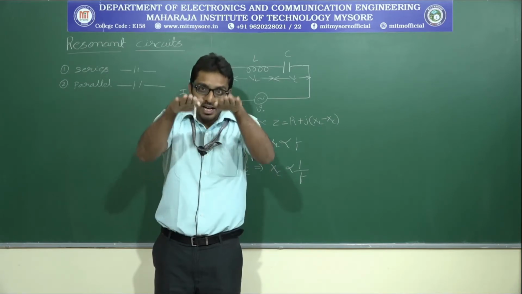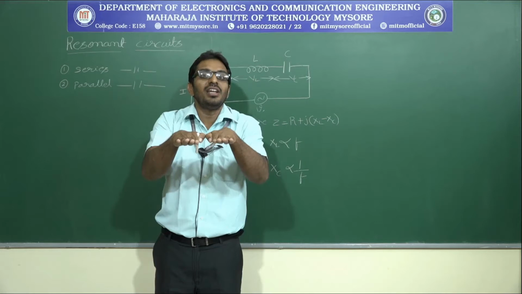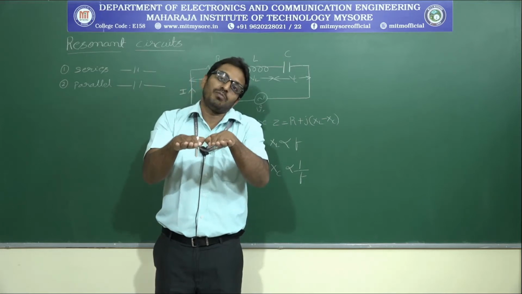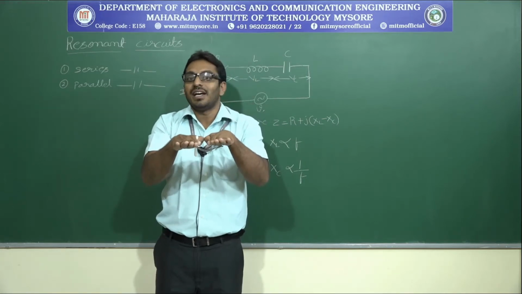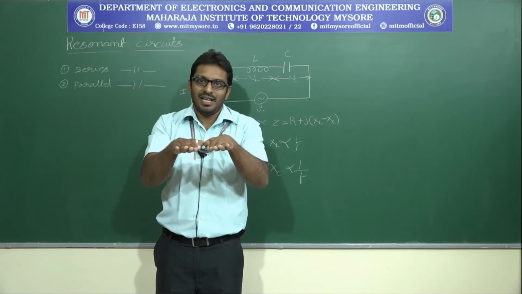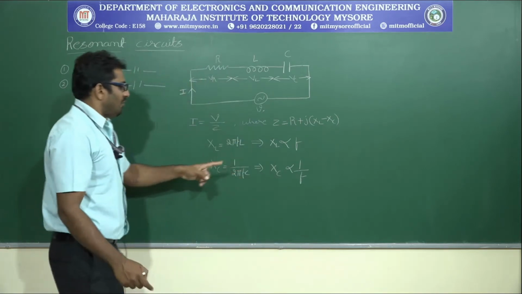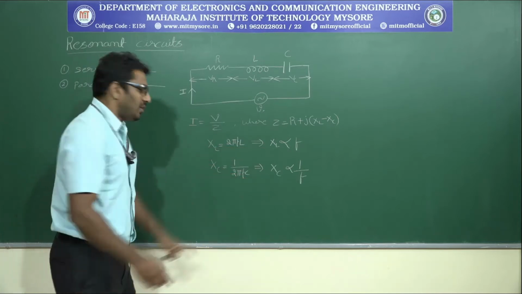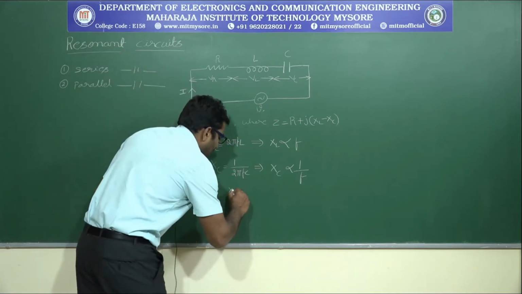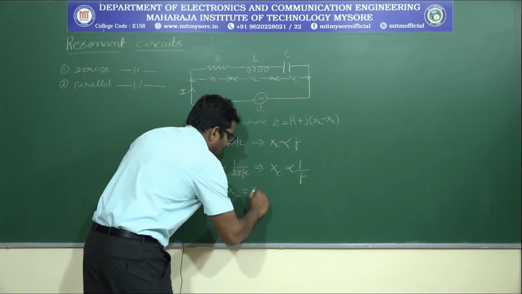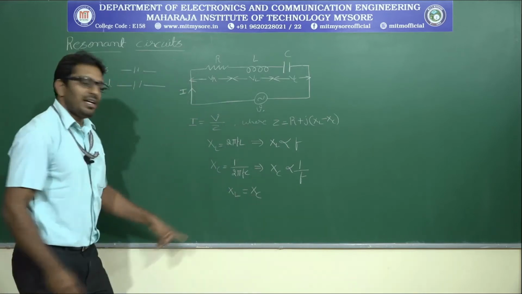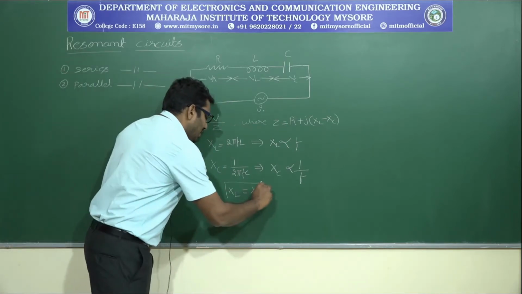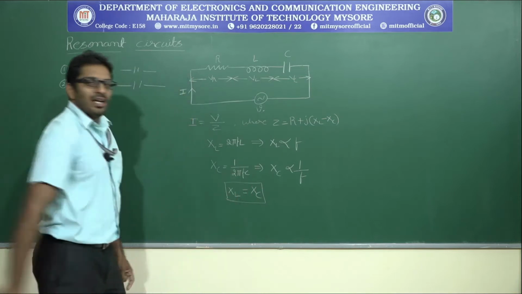The frequency at which the resonant condition occurs is known as resonant frequency. Is it clear? Therefore, when XL is equal to XC, this is the condition for resonance.